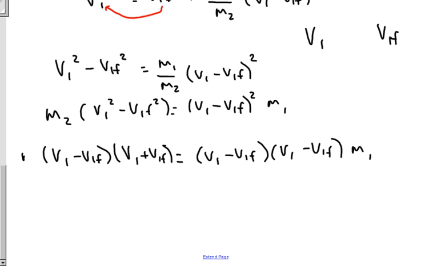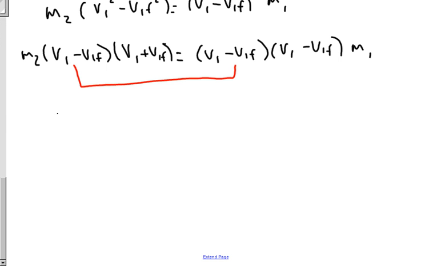We still have our m2 in the front here. Actually, one of those two terms on the right-hand side, so we'll cancel them out. We're left with m2 times v1 plus v1 final equals m1 times v1 minus v1 final.